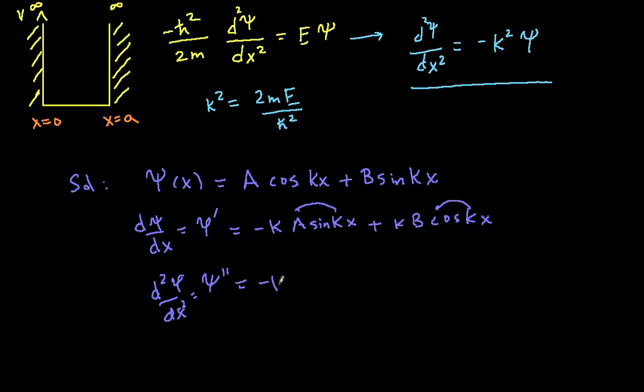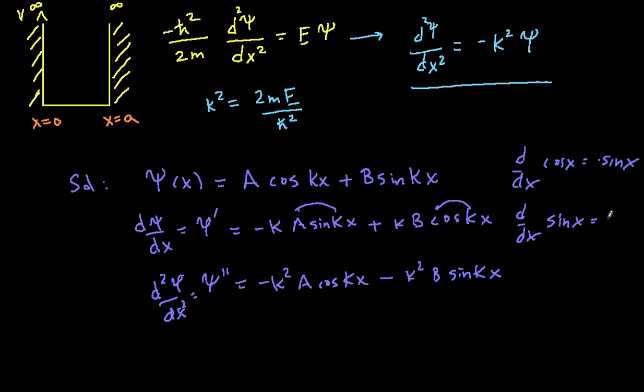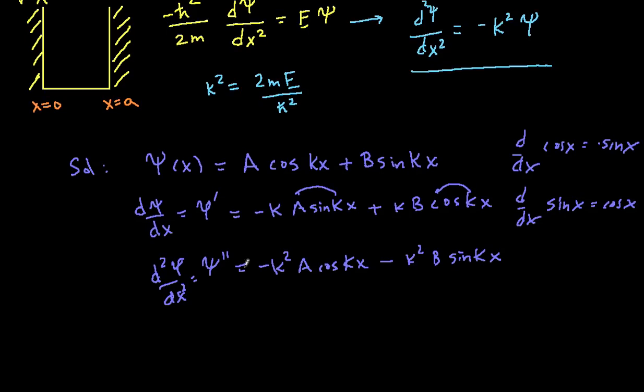So this becomes minus k squared a cosine of kx minus k squared b sine of kx. Remember that the derivative of cosine x is minus sine x, and the derivative of sine x is cosine x. And then if you have a k, you bring that k out. So look, this is in fact minus k squared times psi. So indeed, this solution satisfies that differential equation.